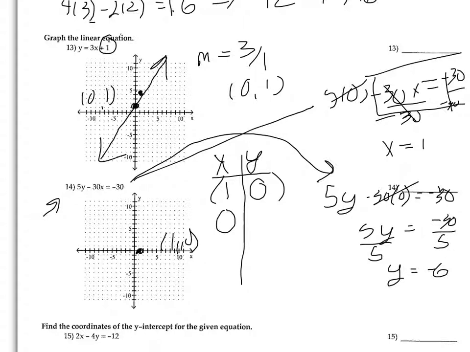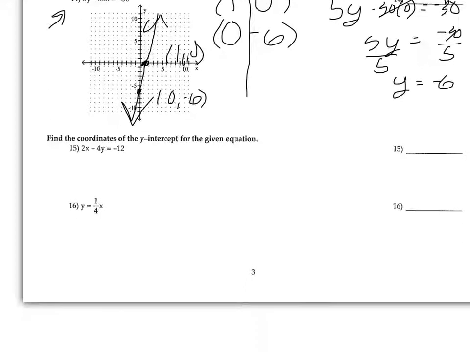So when x equals 0, y equals negative 6. Of course, we could have plugged any numbers in for x and y to get ordered pairs, but 0 is easy to work with, it's easy to evaluate, and it's just a really great number to use. So here, 0, negative 6, that's our intercept. Plot the point there, 0, negative 6. Draw the line that goes through them, and we have graphed that line right there.